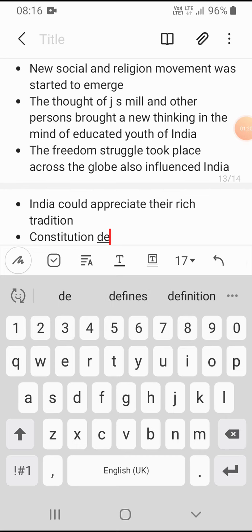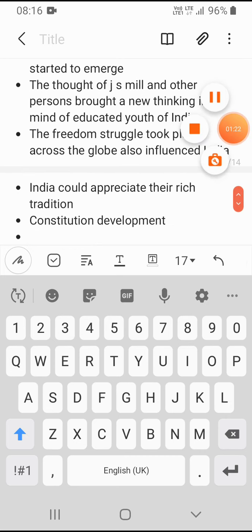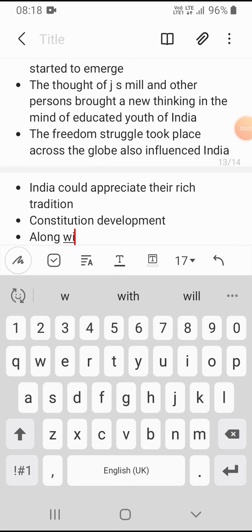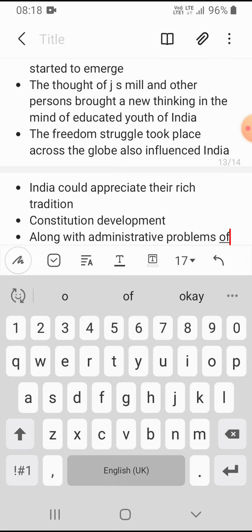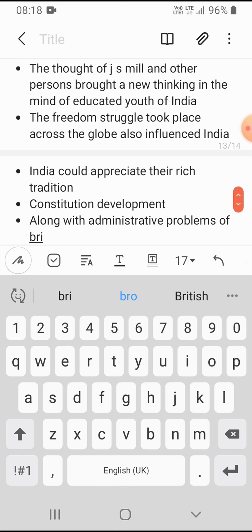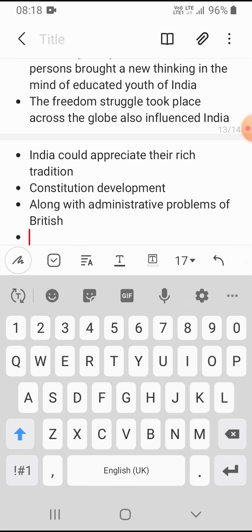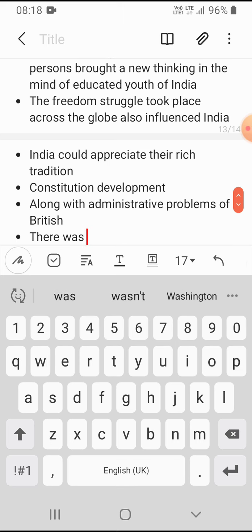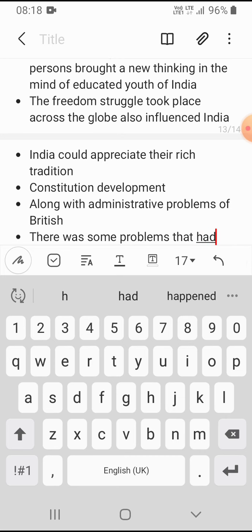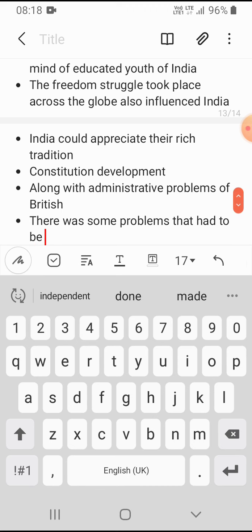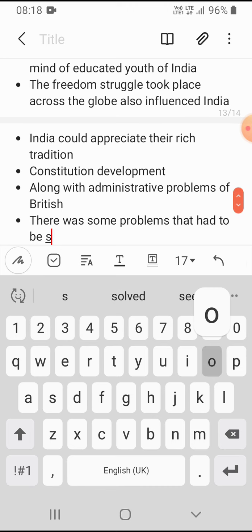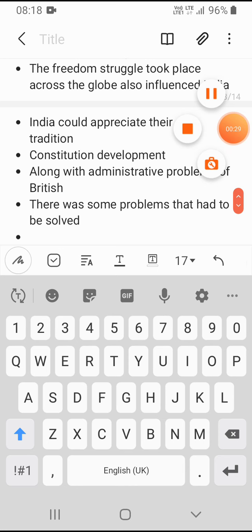How the constitution developed. Administrative problems of the British. There were some problems that had to be solved.